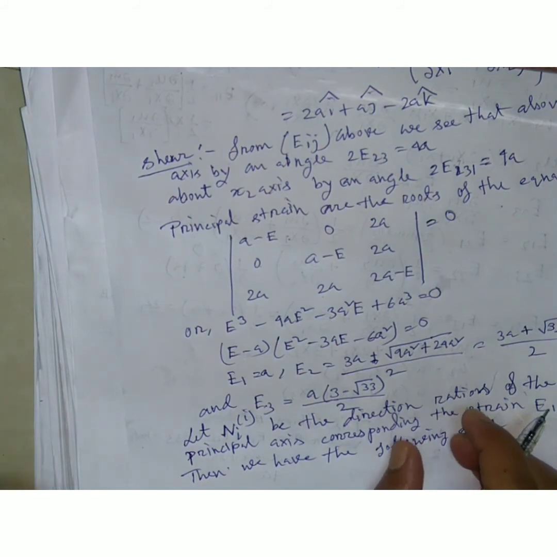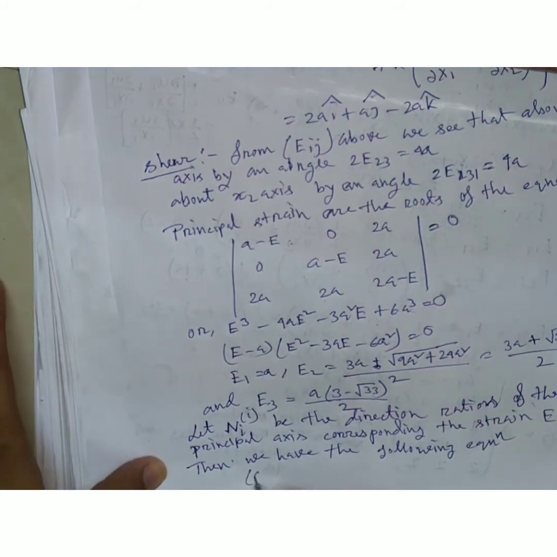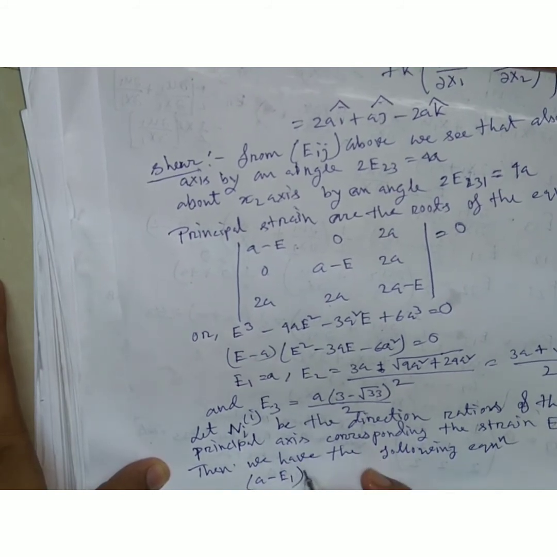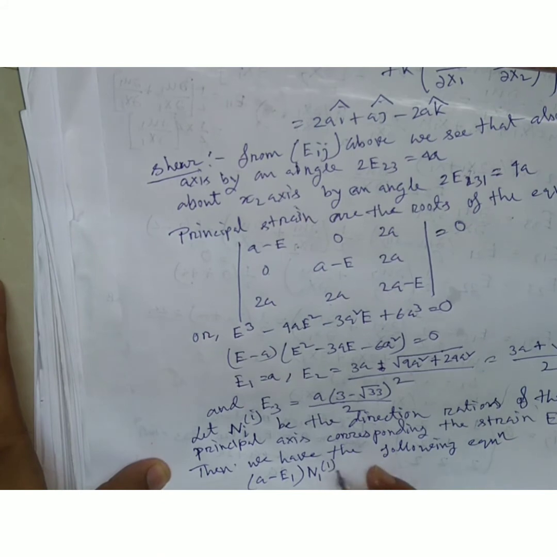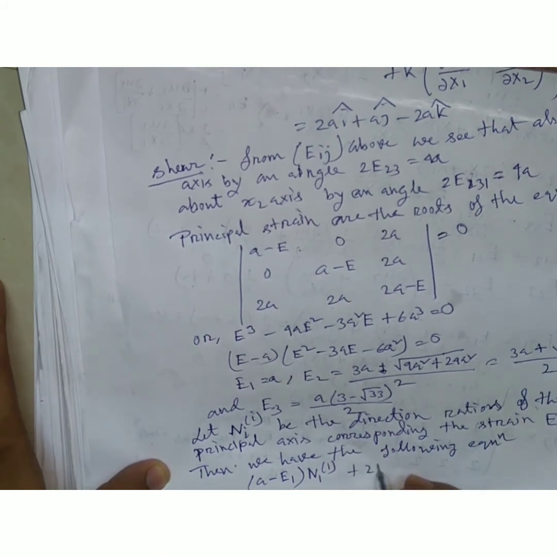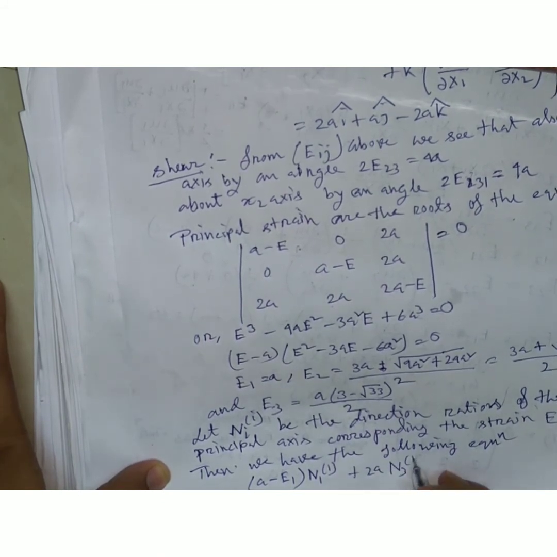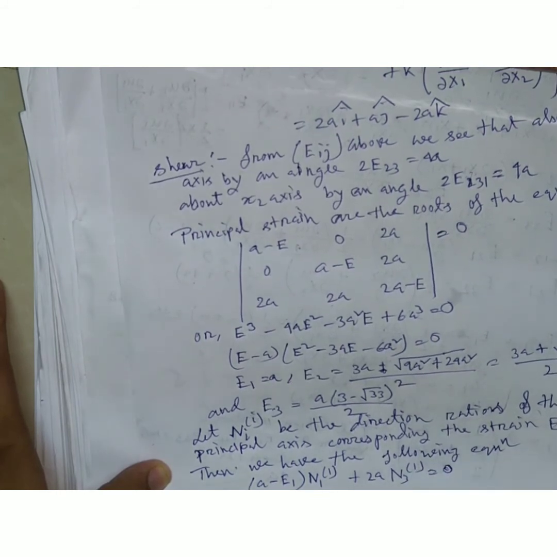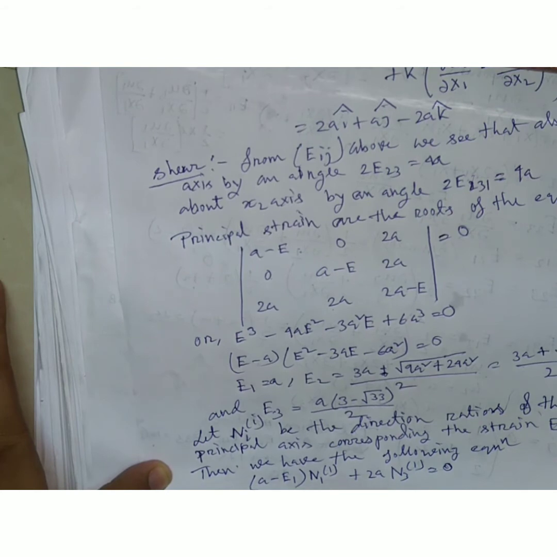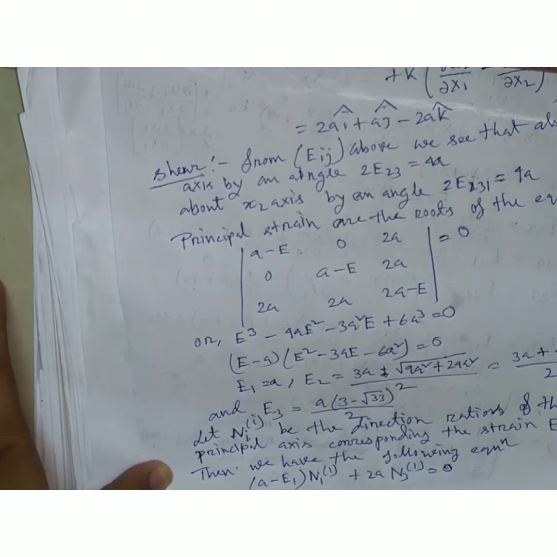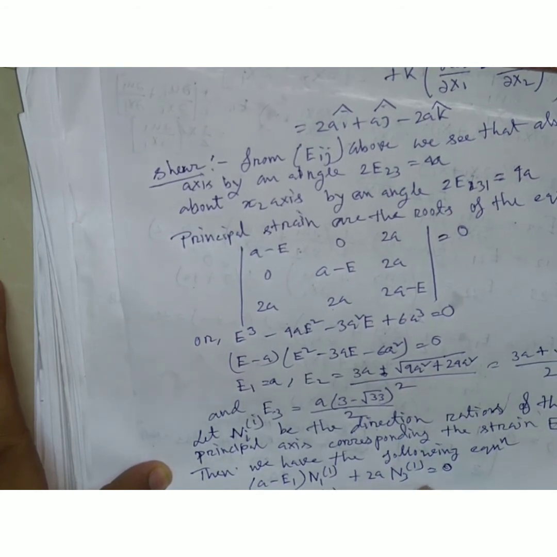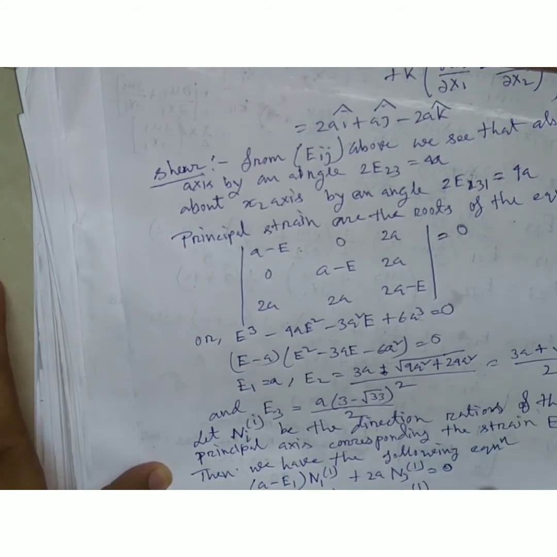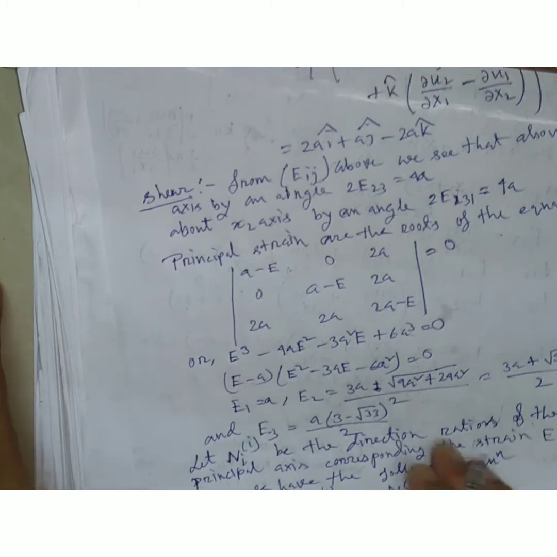Our equation is (a minus E1) n1,1 plus 2a n3,1 equals 0, and (a minus E1) n2,1 plus 2a n3,1 equals 0.